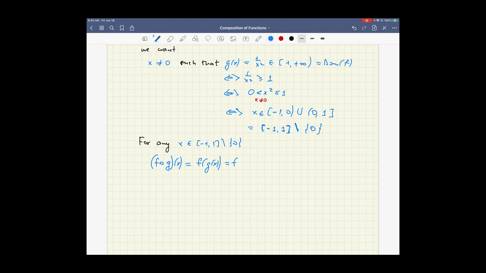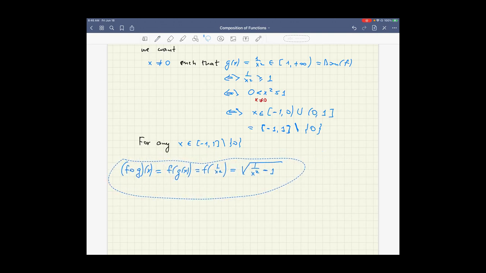Again, g of x is 1 over x squared, f is root of x minus 1, and when we compute f at 1 over x squared, we get square root of 1 over x squared minus 1. Again, x is from negative 1 to 1, except 0.